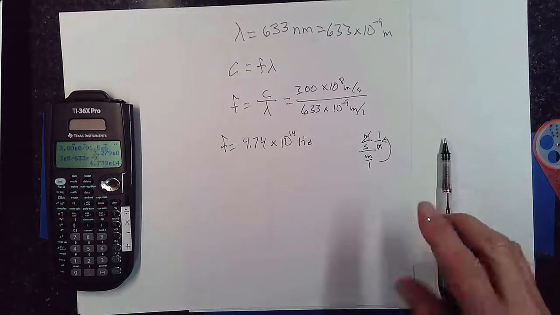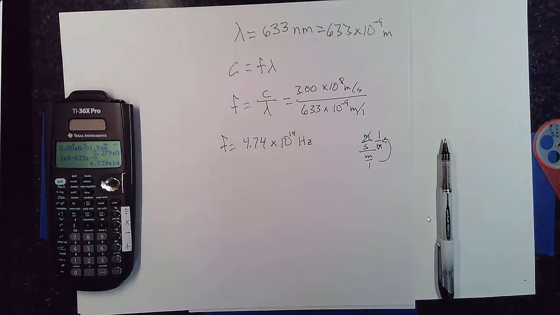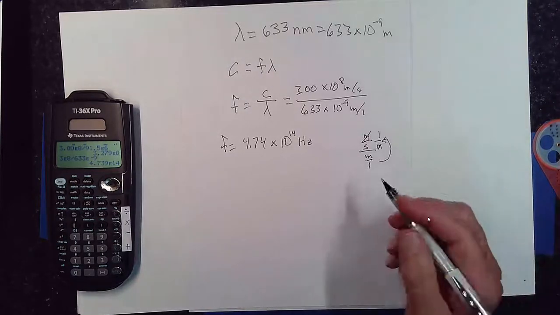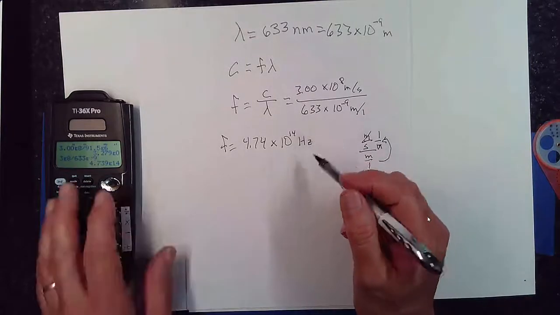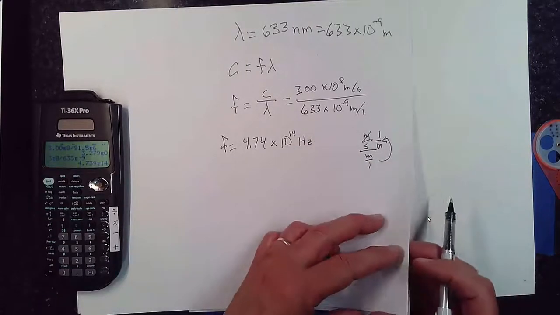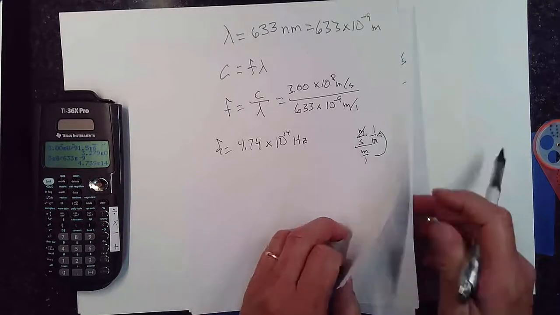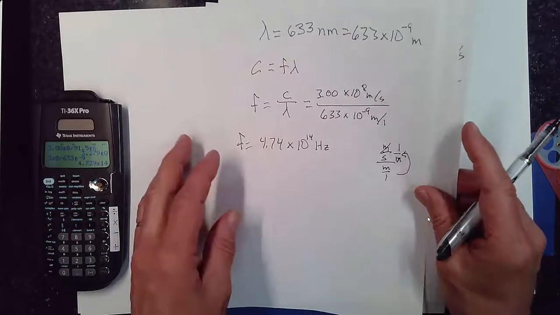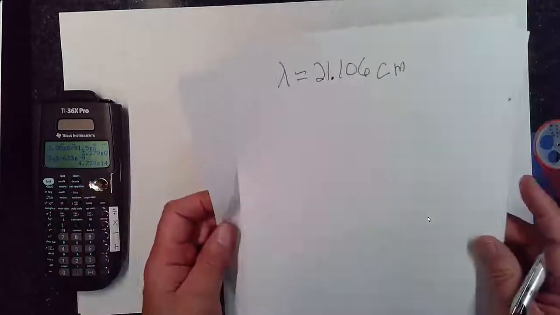And I'm sure you could write that as something like, let's see, megahertz, gigahertz, terahertz probably. It's probably 474 terahertz, but I don't know that I've ever heard anybody use that particular abbreviation with that one. It's nicer just to call the wavelength 633 nanometers.